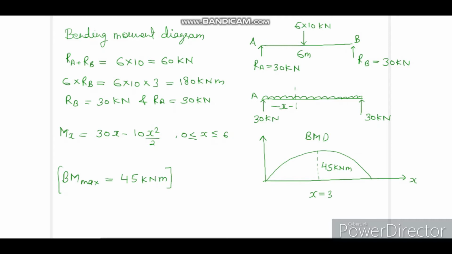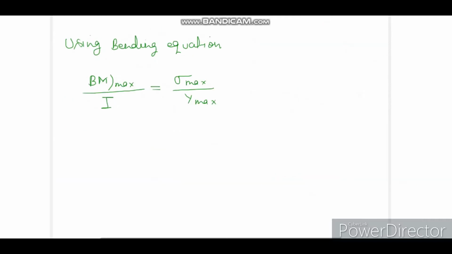After determining the maximum bending moment along the span, we can use the bending equation, M by I equals sigma maximum over y maximum. Our next target is to find the moment of inertia about the neutral axis.